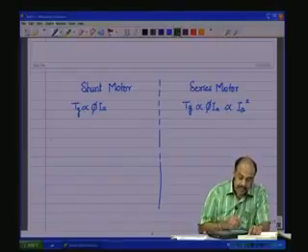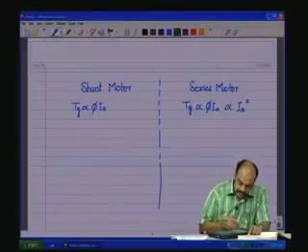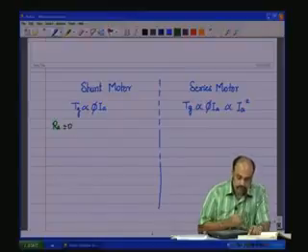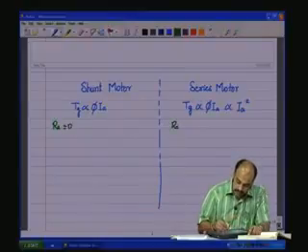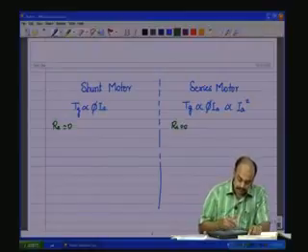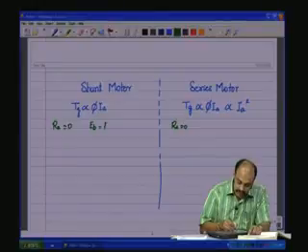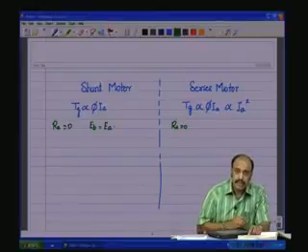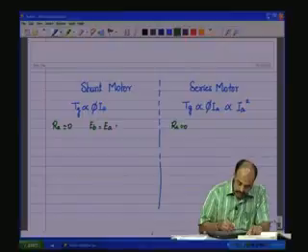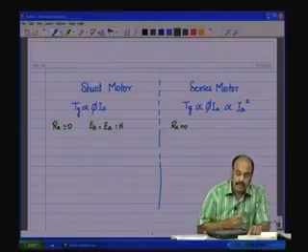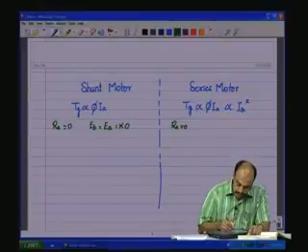Let us say in both the cases Ra is approximately equal to 0. The back EMF will be equal to the applied armature voltage, which will be equal to some proportionality constant into phi into omega.